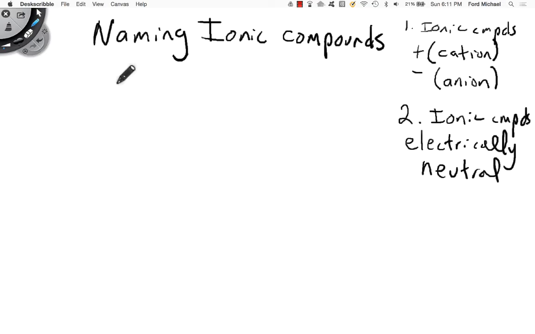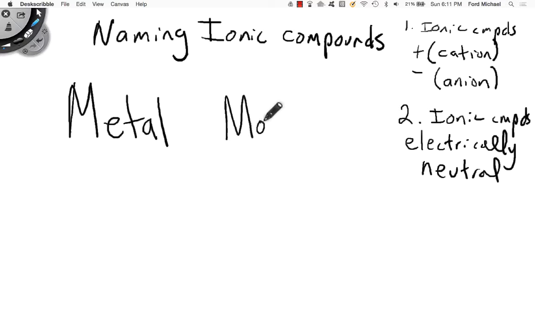So, in general, the way these are going to work is you're going to have two parts to an ionic compound. You're going to have a metal, all right, and then you're going to have a non-metal.